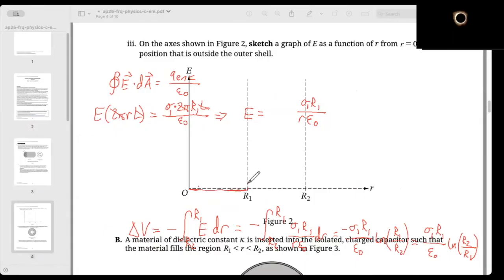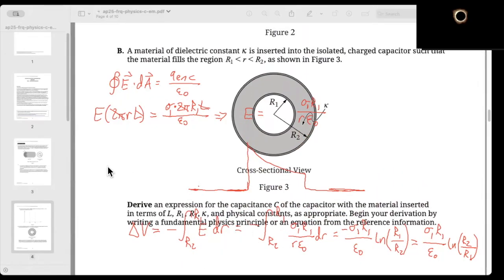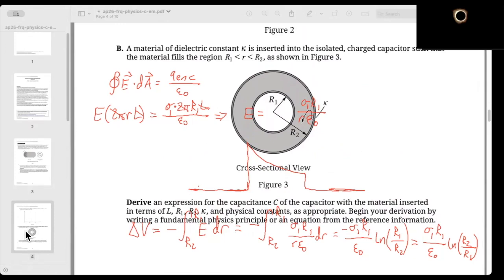Your enclosed charge is going to be 0. It'll jump up and have a 1 over r relation until you get to R2, in which case, if you use Gauss's law, your enclosed charge jumps back down to 0. And therefore, no electric field via symmetry and Gauss's law again. Super easy. All right, derive an expression for the capacitance if you insert a dielectric.